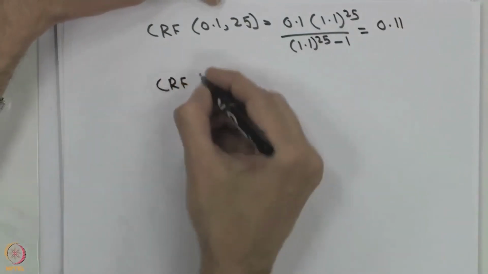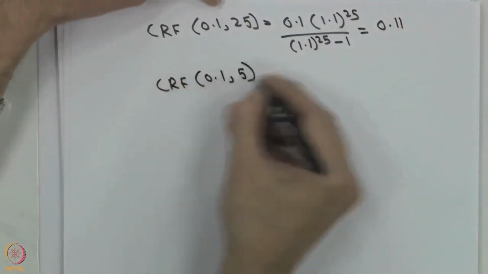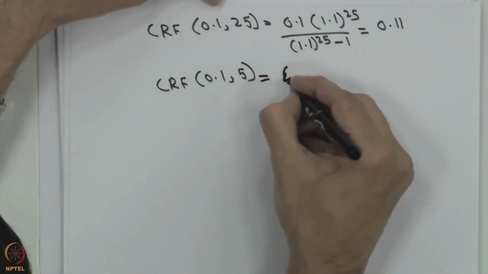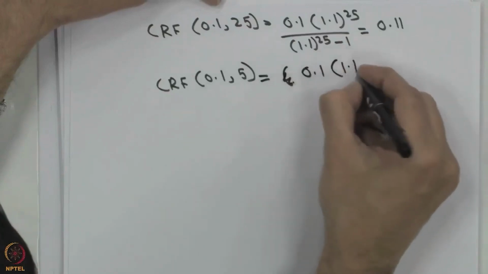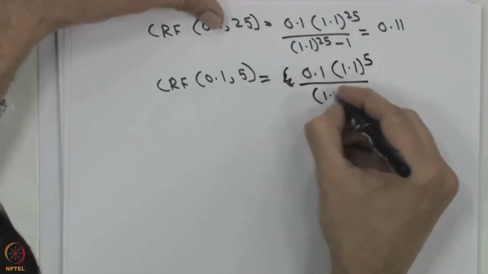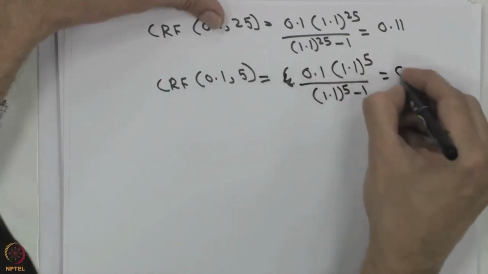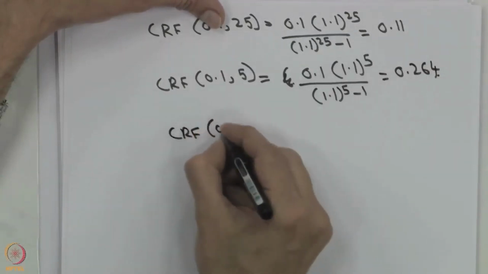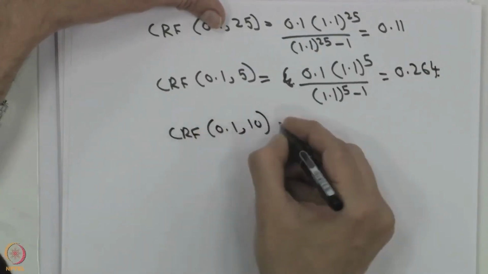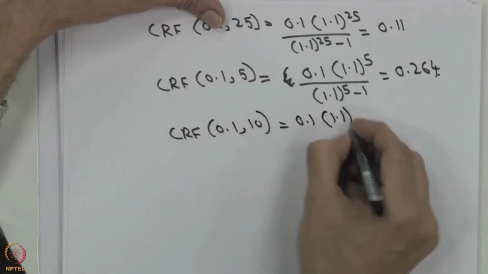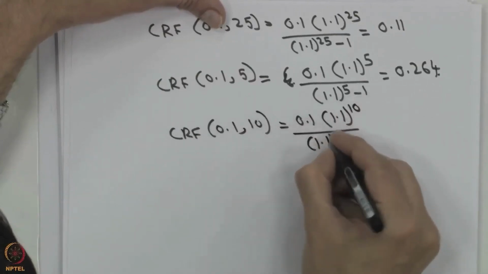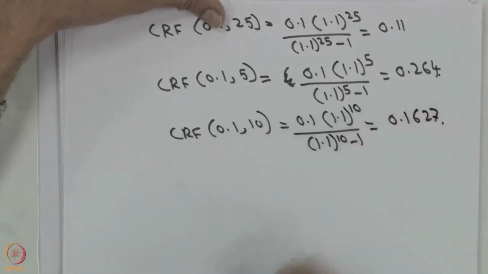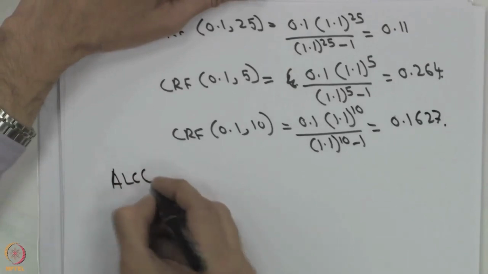CRF 0.15, again in a similar fashion we can make the calculation, is 0.1 into 1.1 raised to 5, over 1.1 raised to 5 minus 1, and if you calculate it, you will get 0.264. CRF 0.110 comes out to be 0.1627.